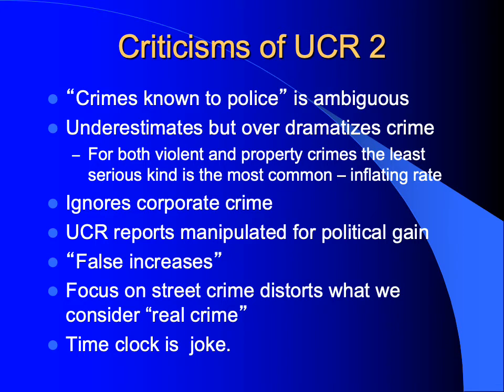The issue with this is that the least serious kinds of property crime or violent crime are the most common. And when you just report it as an index of violent crime, you might think that it's true violence, when in fact, the least serious kind of assault is the most common.